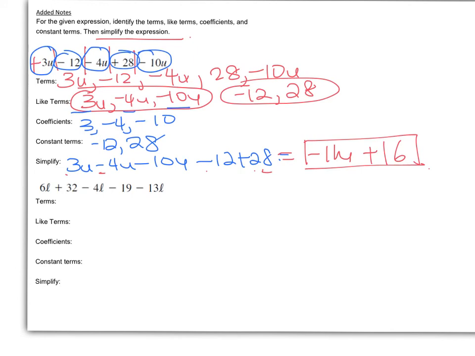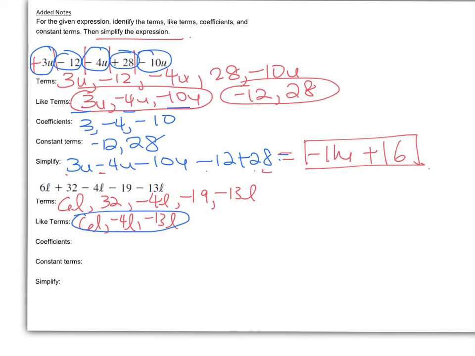Again, let's do one more practice. All the terms are 6L, positive 32, negative 4L, negative 19, and negative 13L. And your like terms are 6L, negative 4L, and negative 13L. And we can circle these.